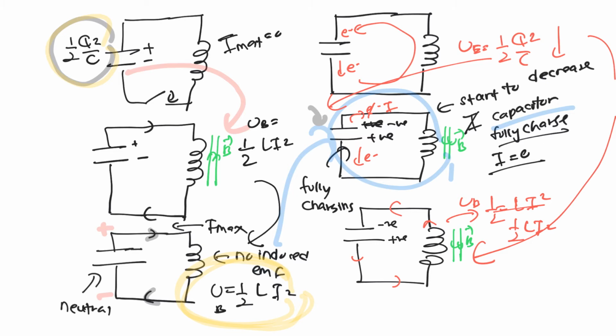It means that the energy is going to change from the electric field of the capacitor to the magnetic field, then from the magnetic field back to the electric field, and the electric field back into the magnetic field. So it's going to change back and forth between the capacitor and the inductor. That's what we call RLC oscillation.